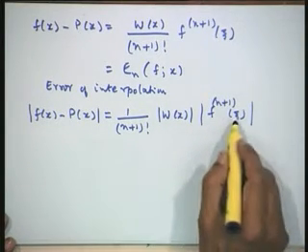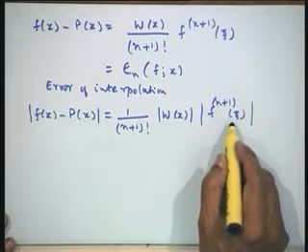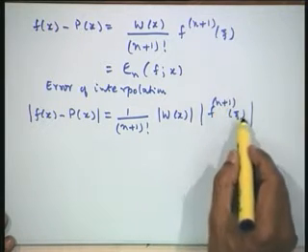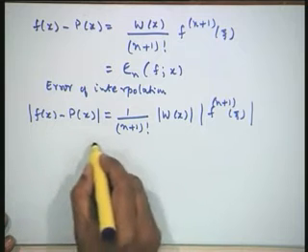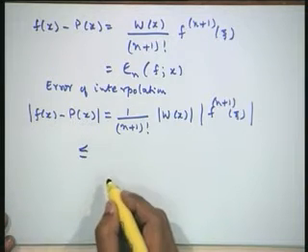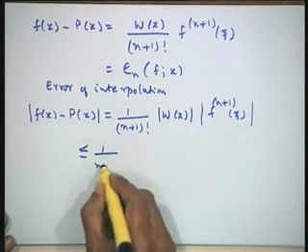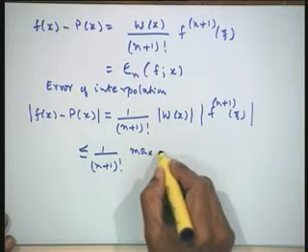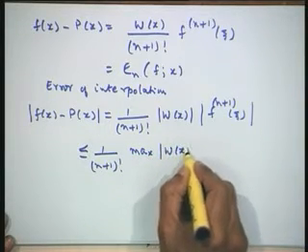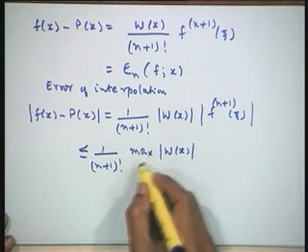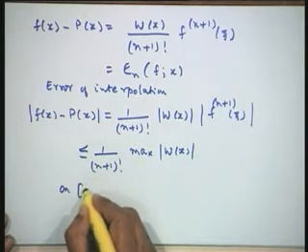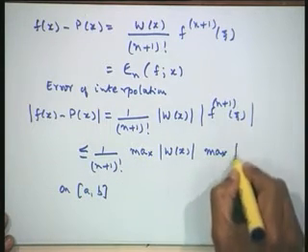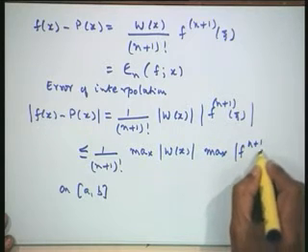Now xi is unknown, therefore I will take the maximum possible value of f n plus 1 of x. So I would write this as less than or equal to 1 upon n plus 1 factorial, maximum of w(x) in the interval a, b, times maximum on a, b of f n plus 1 of x.